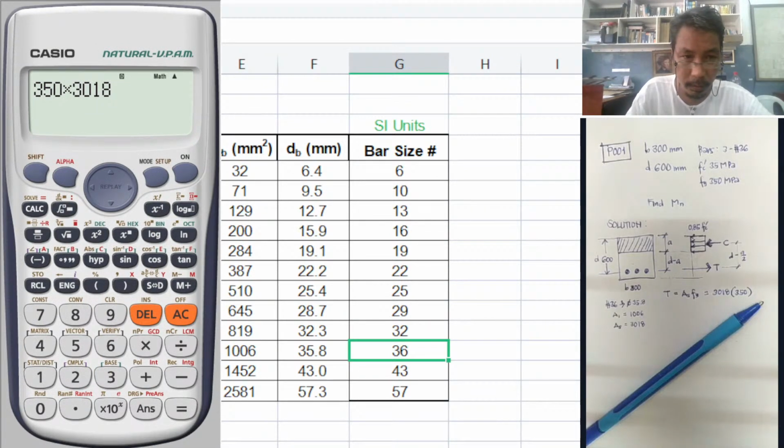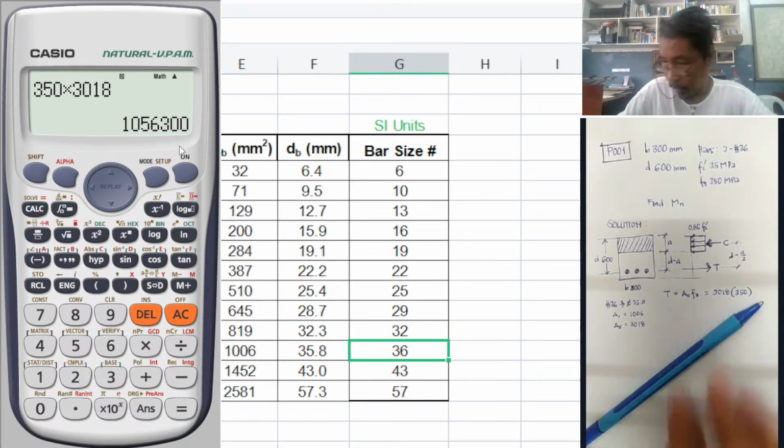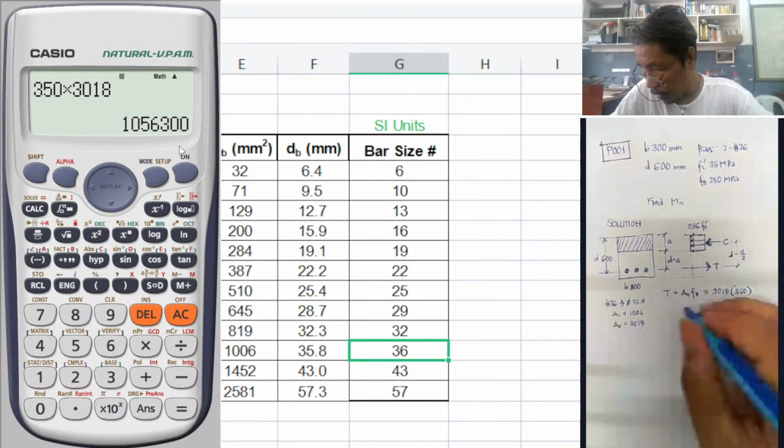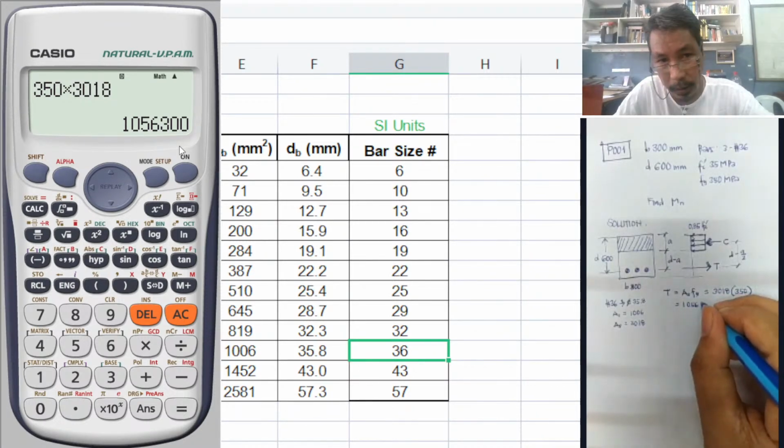If you press the equal sign, that is our value, 1,056,300.